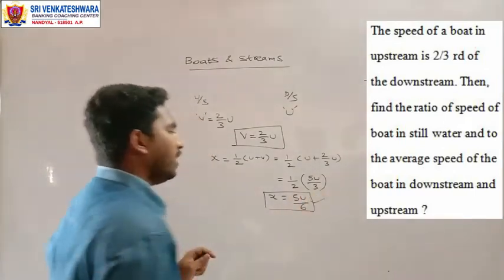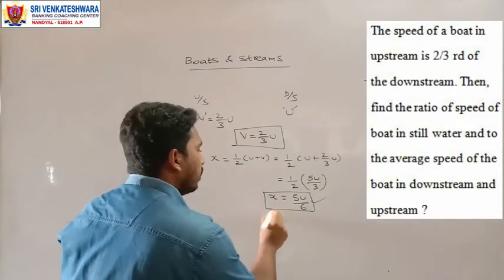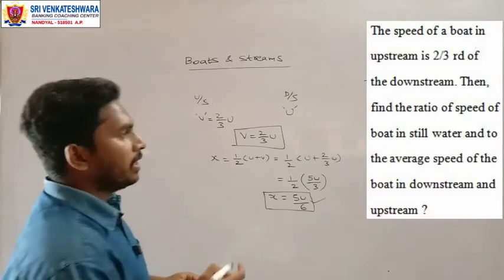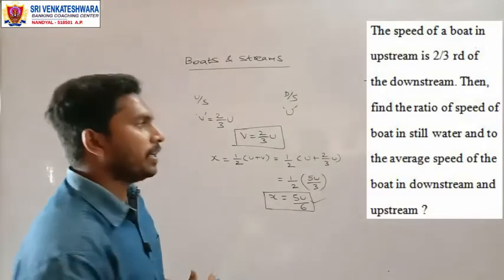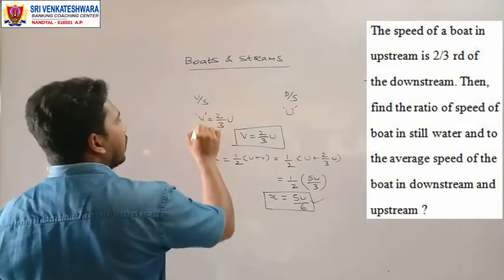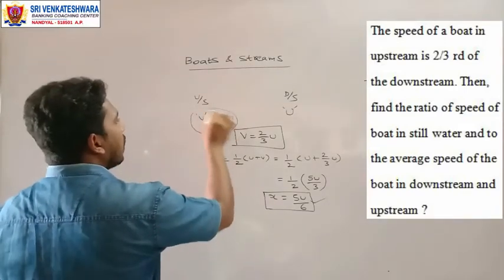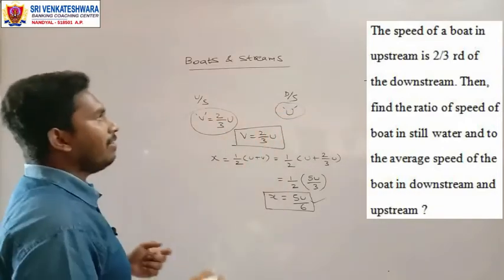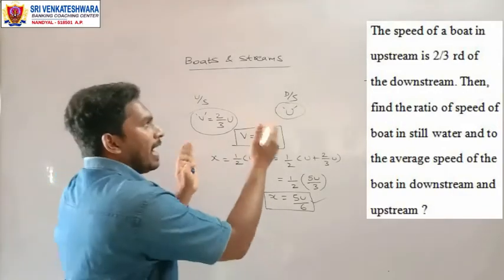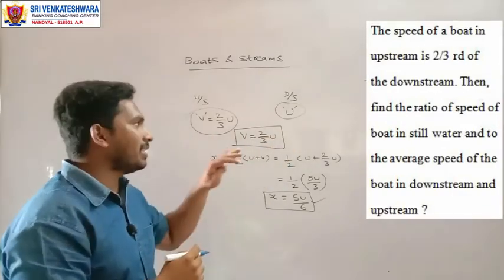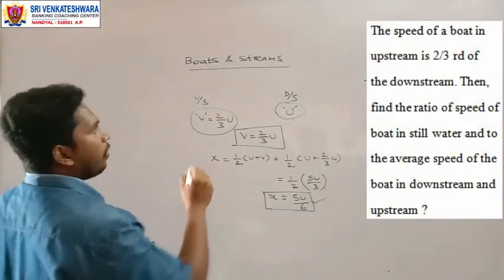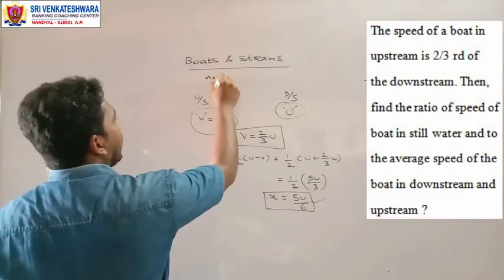So we need to find the ratio in which the numerator is the speed of boat in still water, and the denominator is the average speed of the boat in downstream and upstream. Here, average should not be found by just adding these two and dividing by 2. There is a separate, very important formula for average speed.